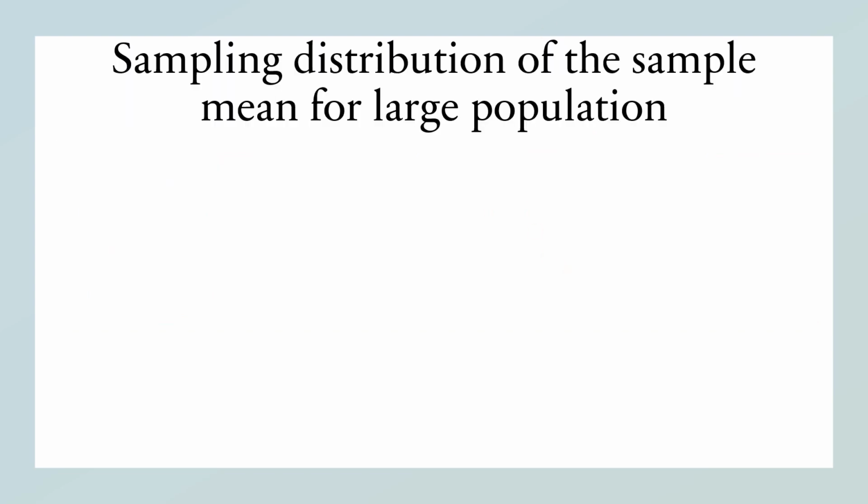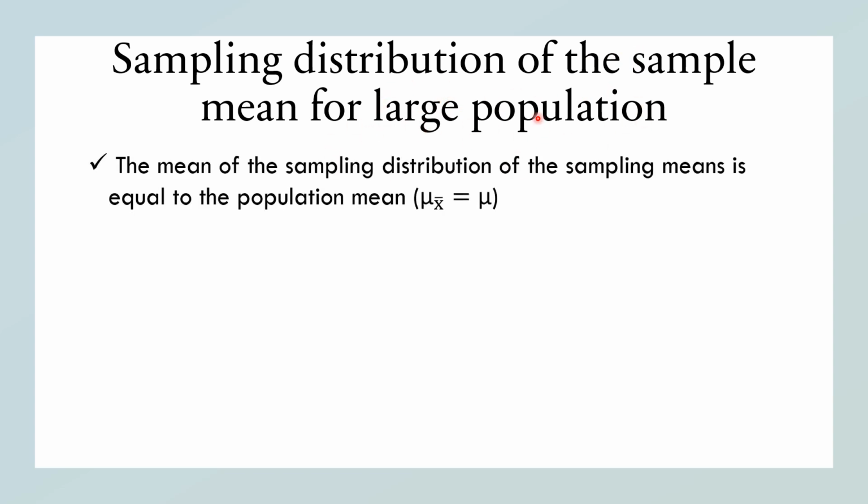So let us go back to the sampling distribution of the sample mean for large population. So we have properties now. The first one is the mean of the sampling distribution of the sample mean is equal to the population mean. So mu sub mean is equal to mu. Yung mean sa population, equal lang siya sa mean sa sample.